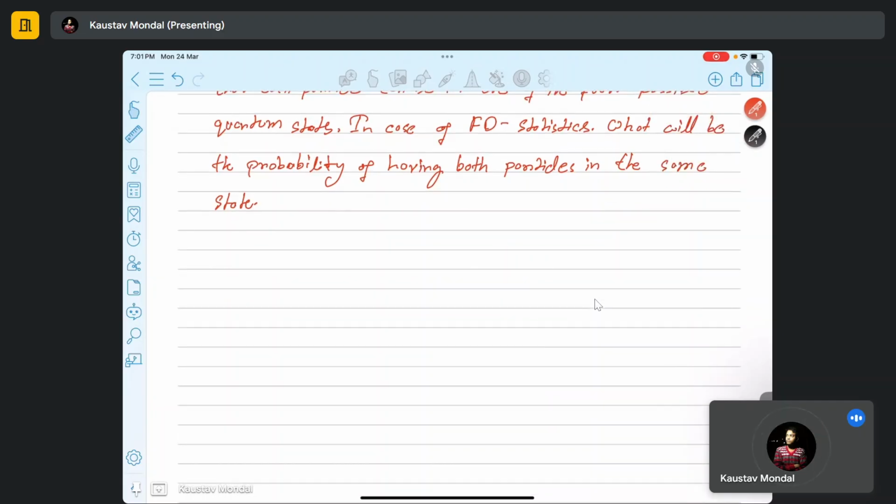Option A was 1 by 8, B was 1, C was 0, D was 4.